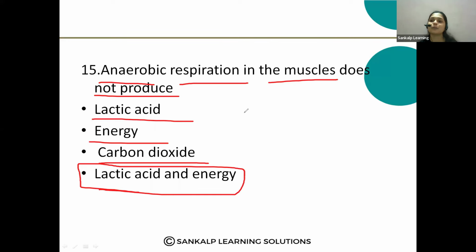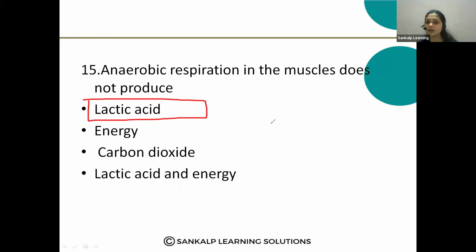So the main thing of glucose breakdown is producing the energy, right? Lactic acid, no, read the question properly, after that you can give the answer. Anaerobic respiration in the muscle cells does not produce... it produces lactic acid, right? I have explained that in the last question. Lactic acid is produced in the muscle cells during anaerobic respiration, but again you are saying it here.